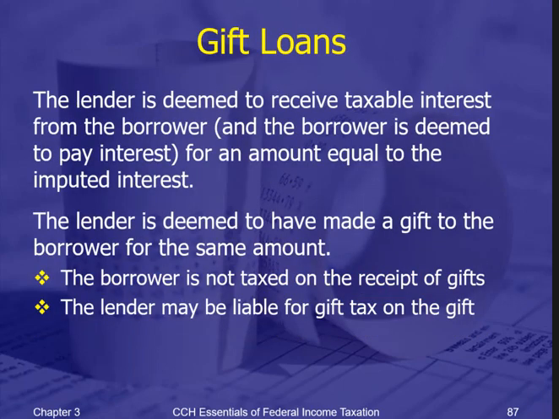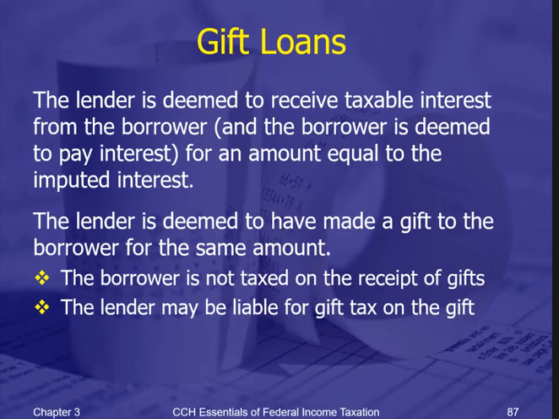So what happens if there is a gift loan over $100,000 and we have to impute interest? The borrower is pretending to pay interest for the imputed amount based on the rates published by the IRS, and the lender actually receives interest income and reports it as income.